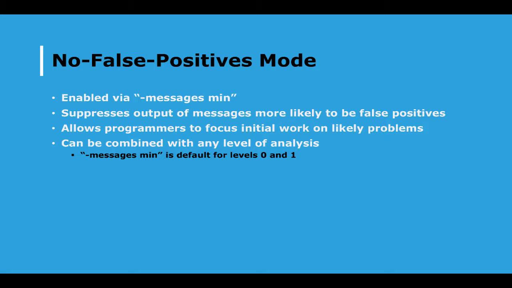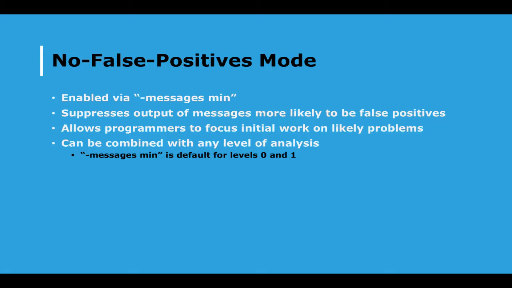You can always go messages max and see everything, and the default is an intermediate level where most of the messages we believe will be true problems, but there will be a certain number of false positives.